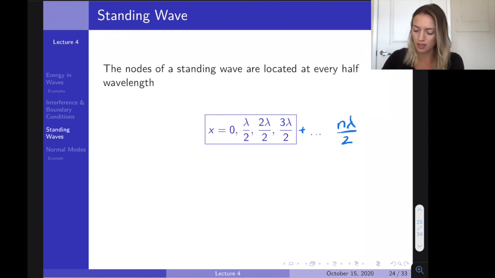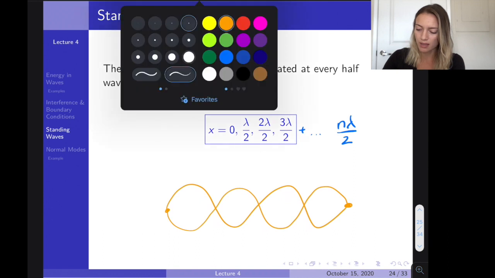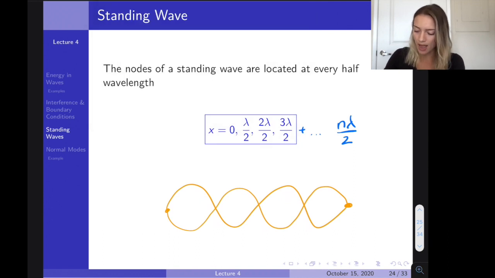And this makes sense because when we drew a picture before, we had it fixed at both ends like this, and you could see that every half wavelength there was a node. There was a point that wasn't moving, because from here to here is one full wavelength, and we had a node halfway in between. So every half wavelength, we have a node.